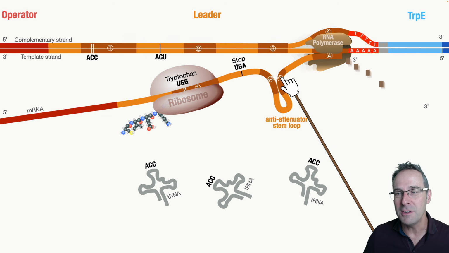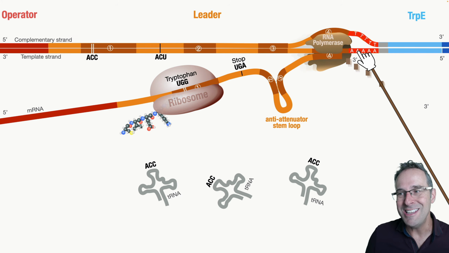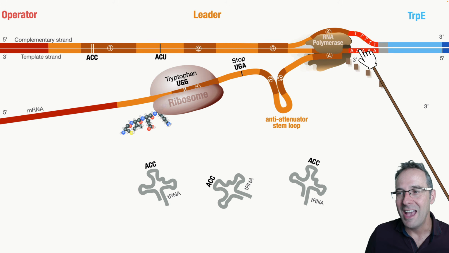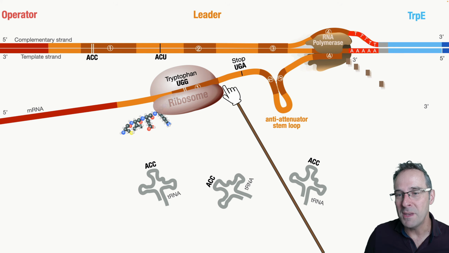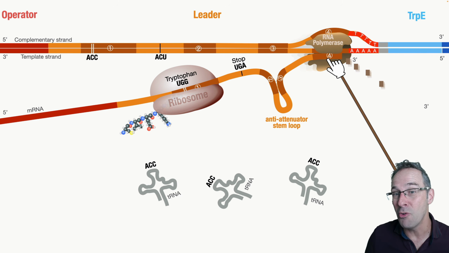But it's a little bit different this time because the ribosome hasn't yet made it up to here. Because this has happened earlier, the ribosome has made it past 2 and 3, but it hasn't yet got up to 4.